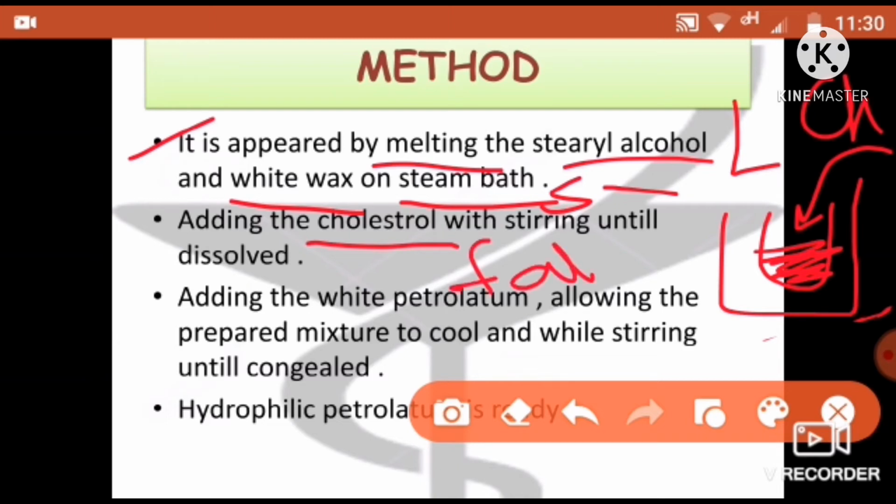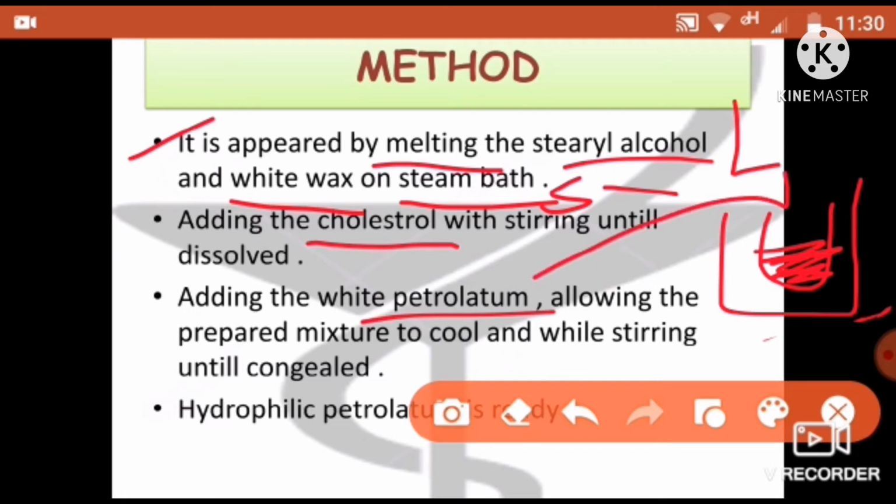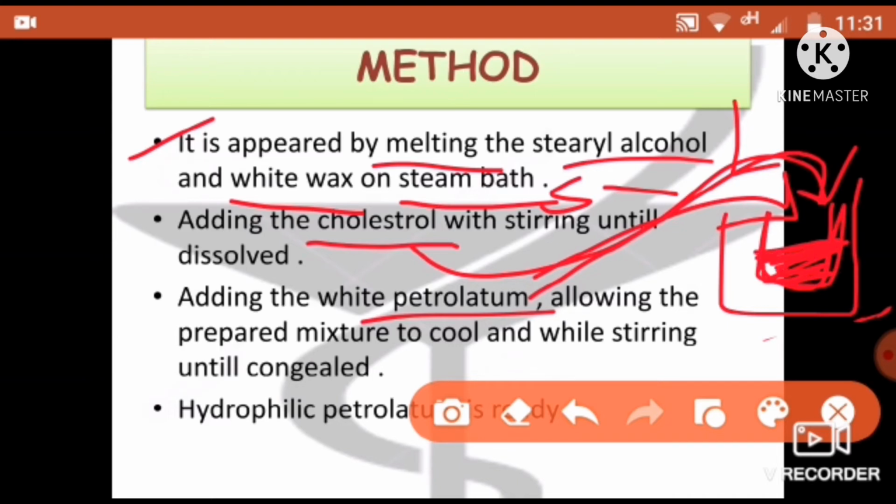Cholesterol is a fat or fatty material. Then add the white petrolatum. First cholesterol, then petrolatum. Then allow the mixture to cool. Now all these things are in melted or fused form, so allow it to cool.